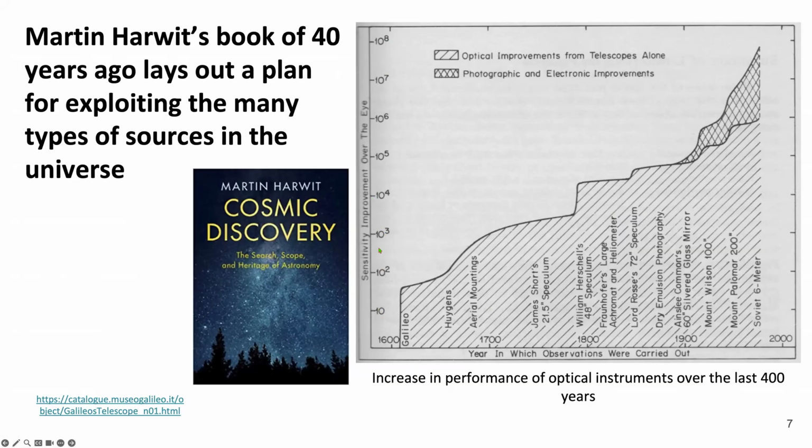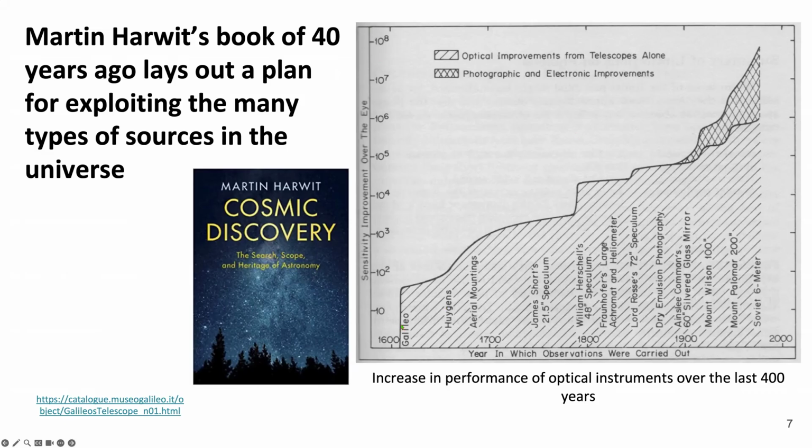So we see, right here, 10 to the 3 means that at this point, roughly in the early 1700s, astronomers and physical scientists had an ability to see roughly 1,000 times better than you could just with your naked eye. This is what we call a logarithmic scale. Up here, we're up to 100 million times better.